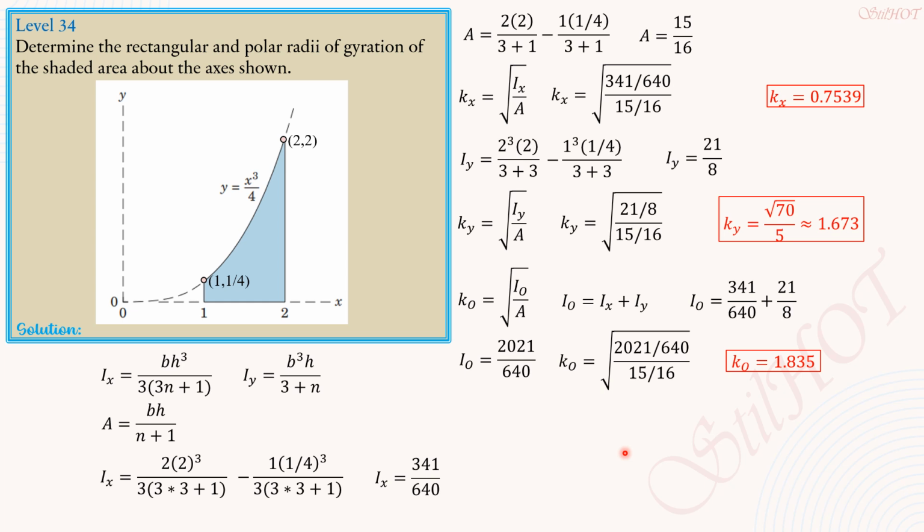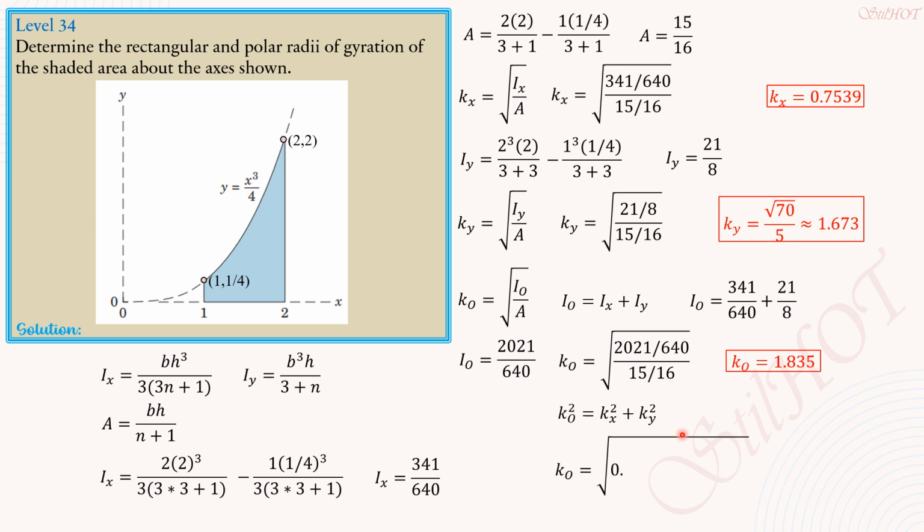The other way is the relationship among these radii of gyration. Kx squared plus Ky squared equals KO squared, or KO squared equals Kx squared plus Ky squared. Remember, because IO is area times KO squared, Ix is area times Kx squared, Iy is area times Ky squared, the area as a common factor will be cancelled, so that this will be the relationship.